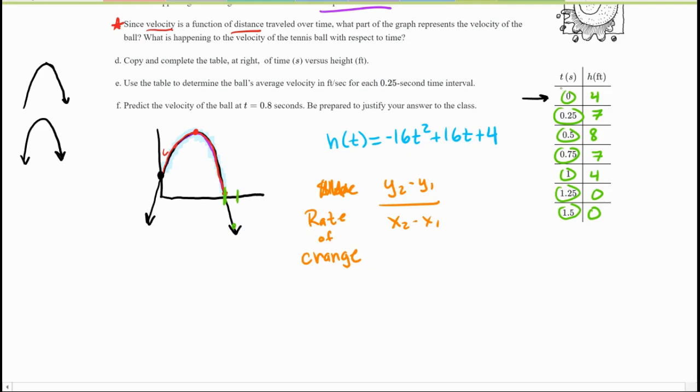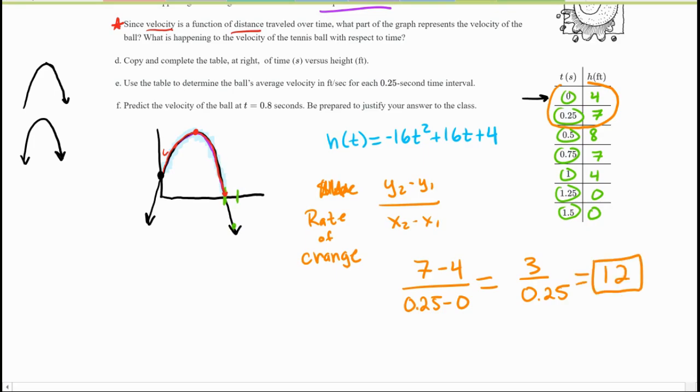Now again, this is fairly math intensive, so I'll do the first one just so you can see the process. When I look at the velocity over this time period right here, I'm going to take the y values, which are 7 minus 4, over the x values, which is 0.25 minus 0, and that gives me 3 over 0.25. Then I divide those, which gives me 12.